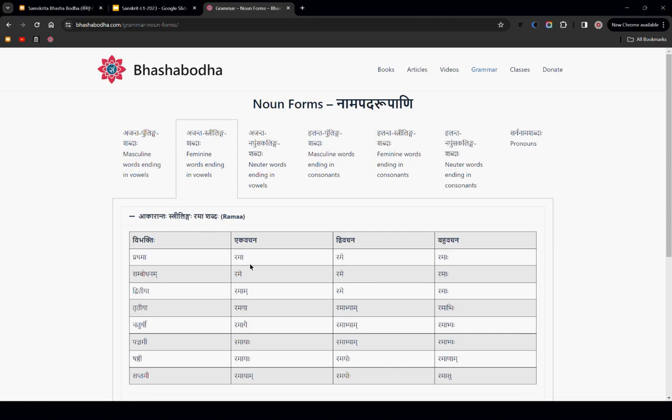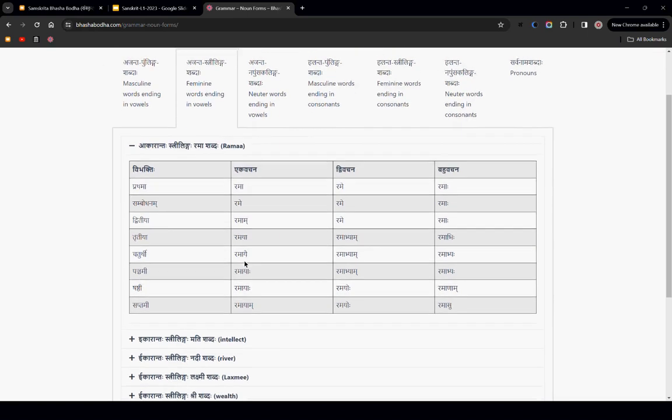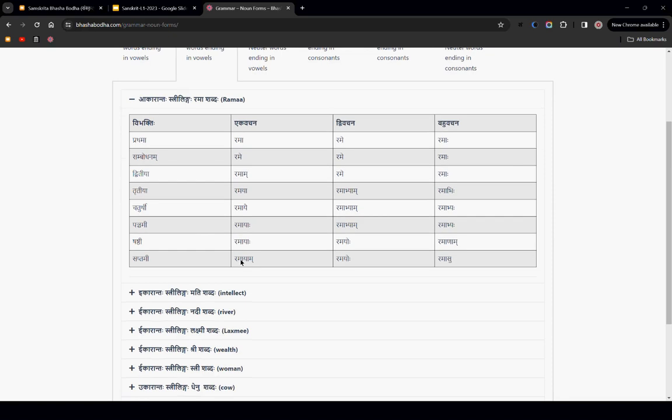There are many Akaranta Strilinga words, like Rama. What are the other Akaranta words? These are very common, right? Do you remember any of them?